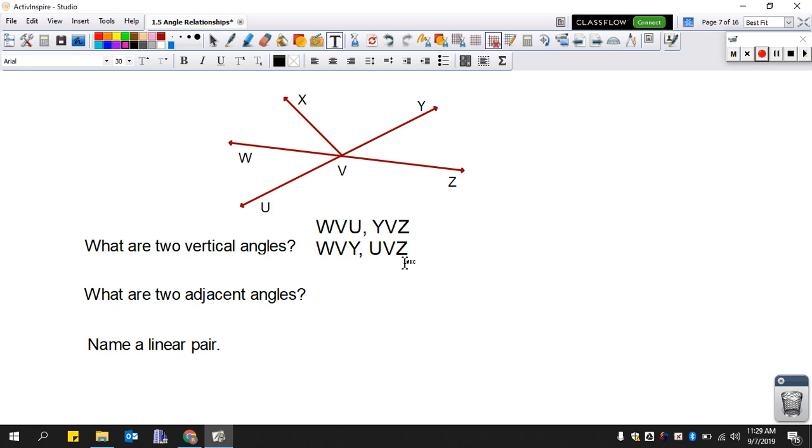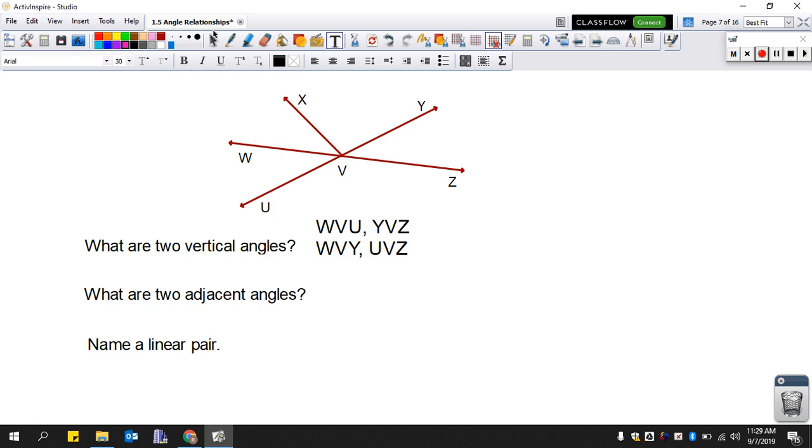I usually only ask you to write one pair of vertical angles, but you do have to write both angles. Same thing goes with naming adjacent angles and a linear pair. Even though there are a lot more than two adjacent angles, you're only going to need to write down two angles that are adjacent.